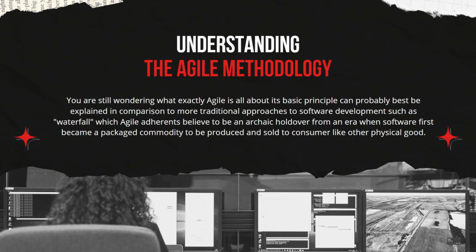Its basic principle can probably best be explained in comparison to a more traditional approach to software development such as waterfall, which Agile adherents believe to be an archaic holdover from an era when software first became a packaged commodity to be produced and sold to consumers like other physical goods.